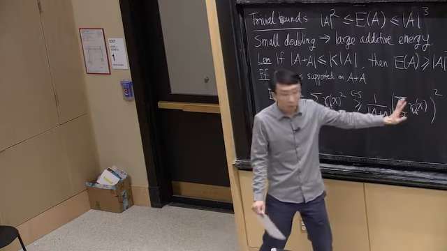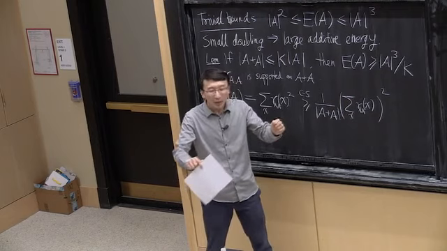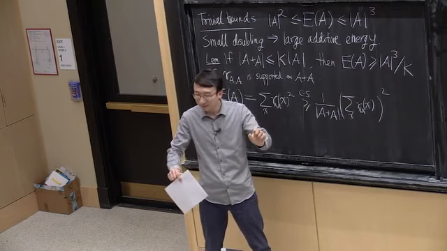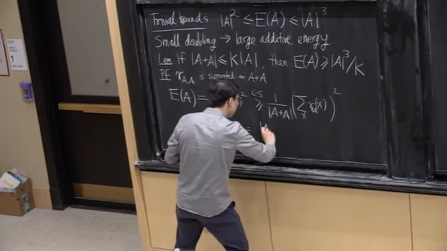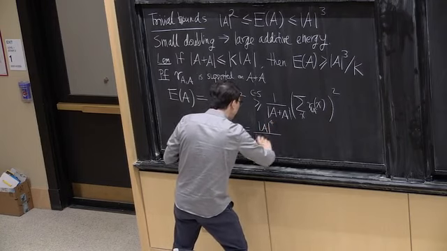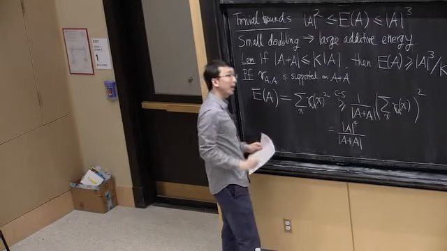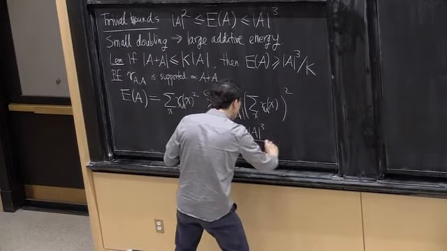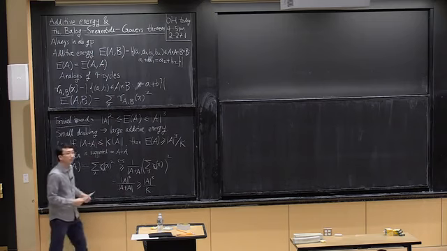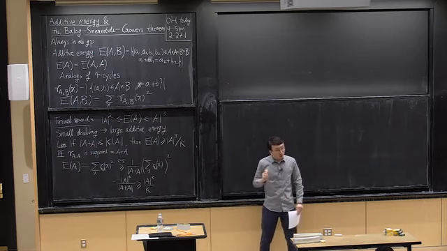So if I sum over all x, I'm just looking at ways of picking an ordered pair from A. So this last expression is equal to the size of A to the power 4 divided by the size of A plus A. And now we use that A has small doubling to conclude that the final quantity is at least A cubed divided by K. So we see small doubling implies large additive energy.